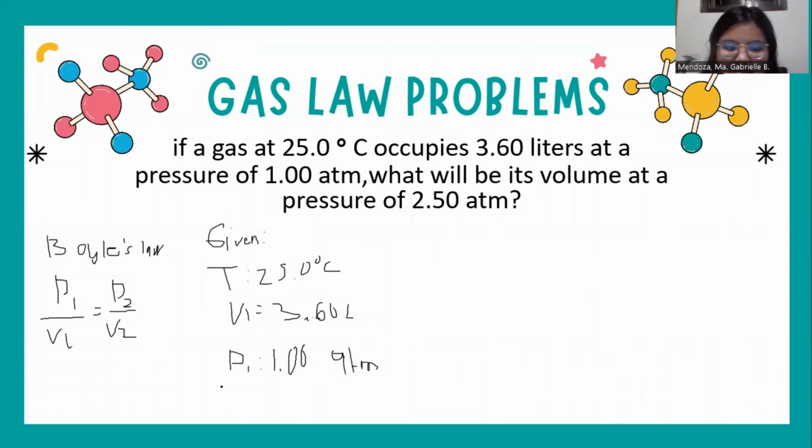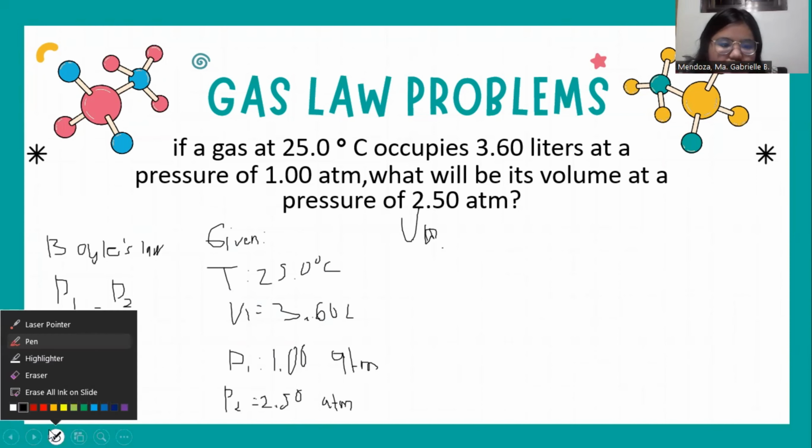So, the P2 will be 2.50 ATM. Ayan. So since we identified the given, we should identify also the unknown. So ano nga ba yung unknown natin?